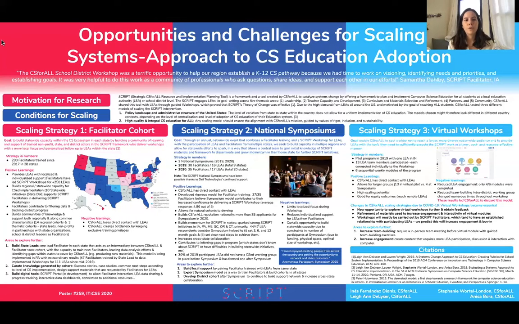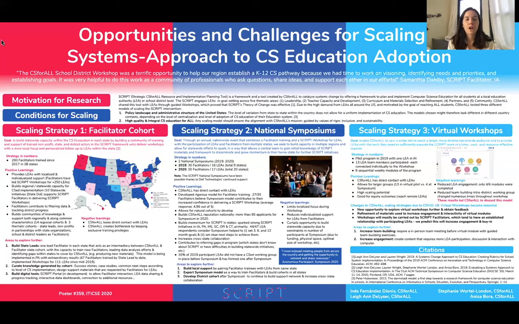As you all know, the policy landscape and the administrative structure of the United States doesn't allow for a uniform implementation of computer science throughout all of the states. We do have to understand that different states have different standards and different mandates for CS education. So we needed to also tailor our approach to something that fit these different contexts that we had to deal with in the 15 states.